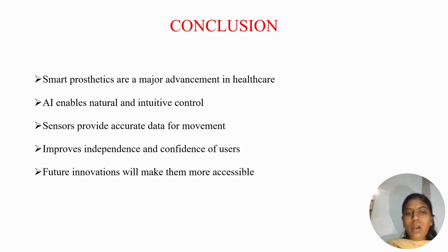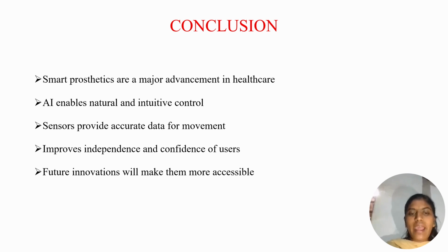Conclusion. Smart prosthetics are a major advantage in healthcare. Such sensors are rarely used, and it is a very much needed product. So we are generating this project. It gives a good market for selling, and it is also a good business idea.